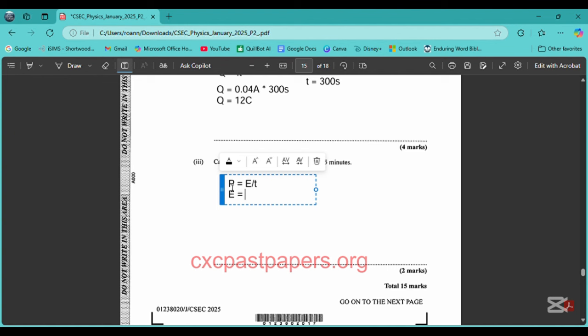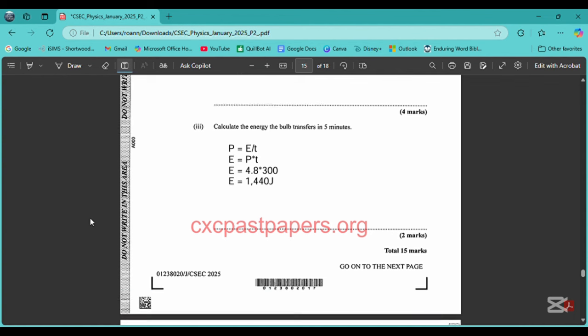Therefore, E is equal to P times T. E is equal to 4.8 times 300. And that would give us 1,440. And our unit would be joules because energy is measured in joules. Doesn't matter the type of energy, your unit will always be joules.